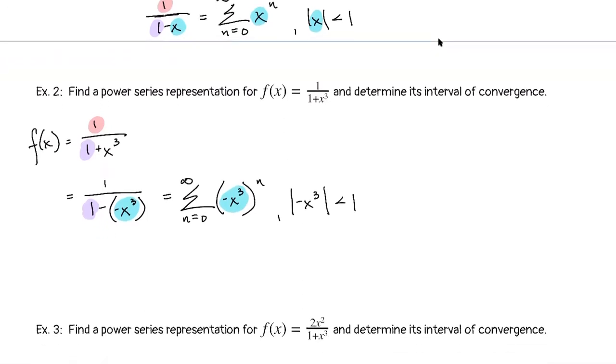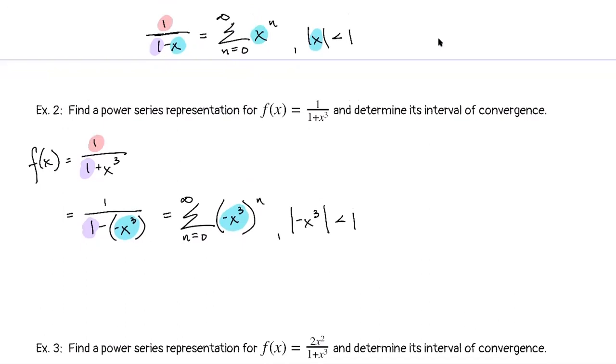We've done the hard part, where we manipulate our function to match the geometric function from earlier. Beyond this, we typically split things.